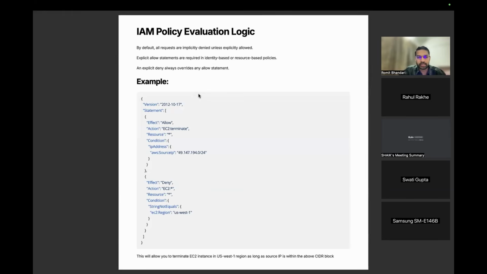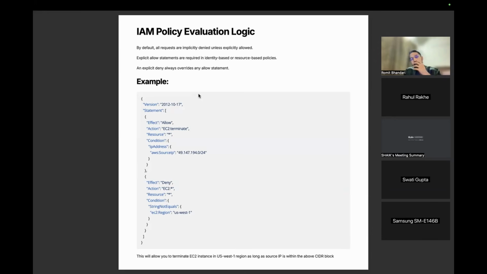Evaluation logic. Okay, so this again, just to mention how deny works. So an explicit deny always overrides an allow statement. Okay, so as you can see here, I'll make it a little simpler for you to understand.